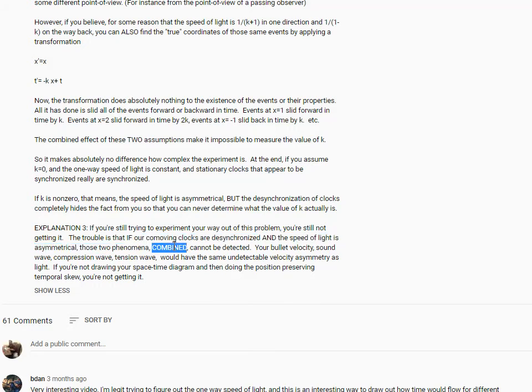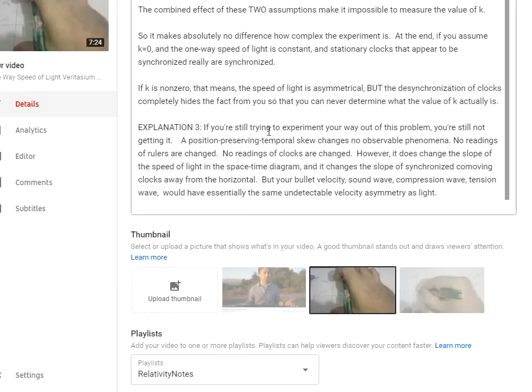And those two effects combined cannot be detected. Your bullet velocity, your sound wave, your compression waves, your tension waves would have the same undetectable velocity asymmetry as the light. And so if you're not drawing your space-time diagram and then doing the position-preserving temporal skew, you're probably not getting it. So I'll rewrite that explanation.